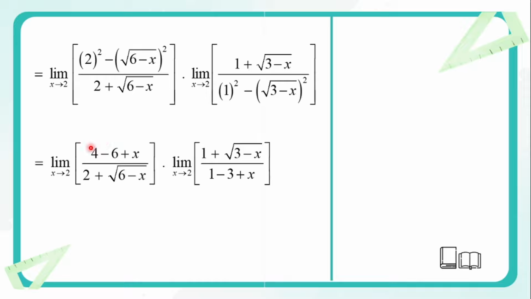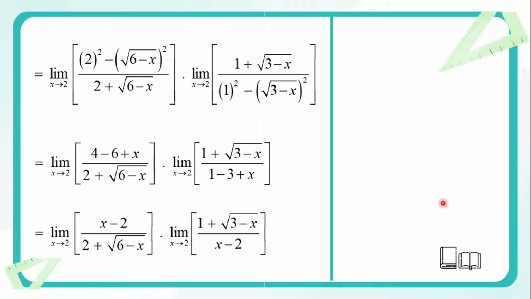Then we simplify 4 − 6 + x, and also 1 − 3 + x. So we get the limit of (x − 2) over (2 + √(6 − x)) as x approaches 2, times the limit of (1 + √(3 − x)) over (x − 2) as x approaches 2.